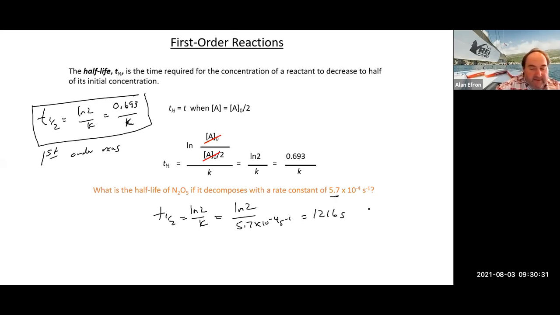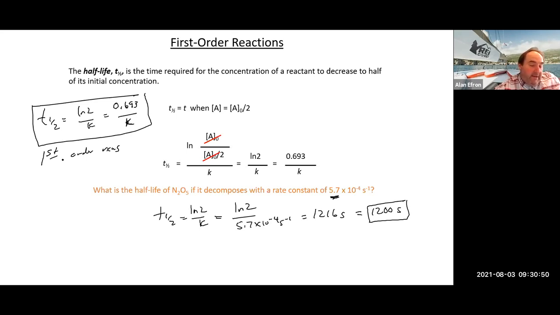There are 2 sig figs here, so probably about 1,200 seconds with significant figure rounding in this case. And obviously that is about 20 minutes for this to occur. Question on that half-life there?